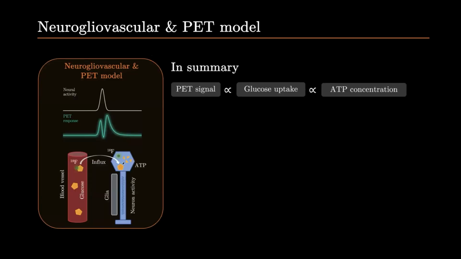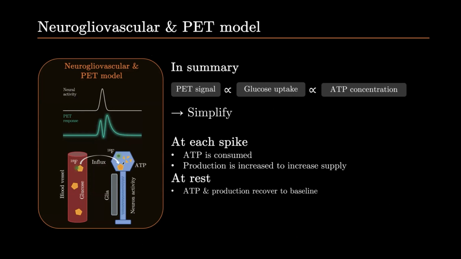But since we want to use this in brain simulation, we have to simplify this. We cannot model every single neuron in brain simulations using an 89-dimensional dynamical system. So we have to capture the main effects which are in action during neural activity. What happens in summary?